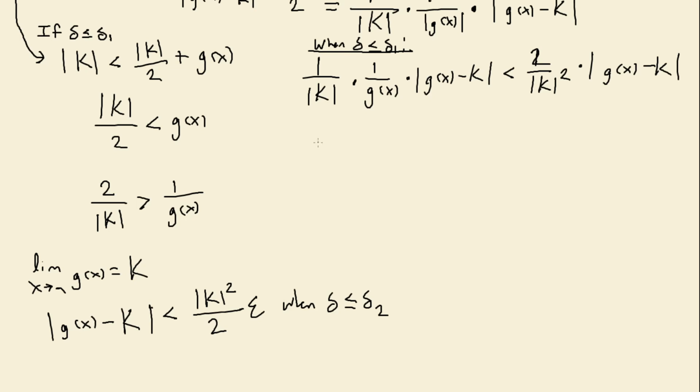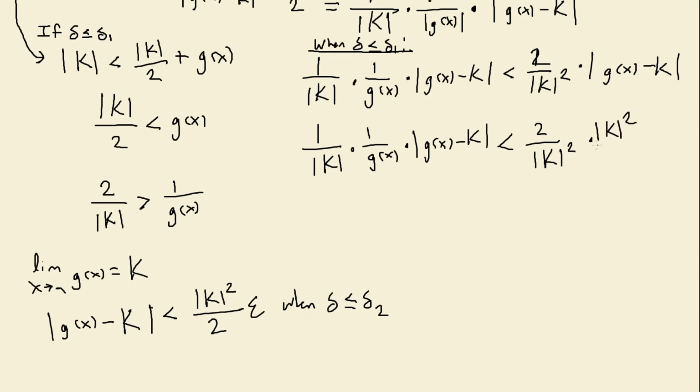And now what we can say is that 1 over the absolute value of k times 1 over g of x times the absolute value of g of x minus k is going to be less than 2 over the absolute value of k squared times the absolute value of k squared over 2 epsilon when delta is less than or equal to the minimum of delta 1 and delta 2. When delta is less than or equal to the minimum of those 2 deltas, then we're going to get this.